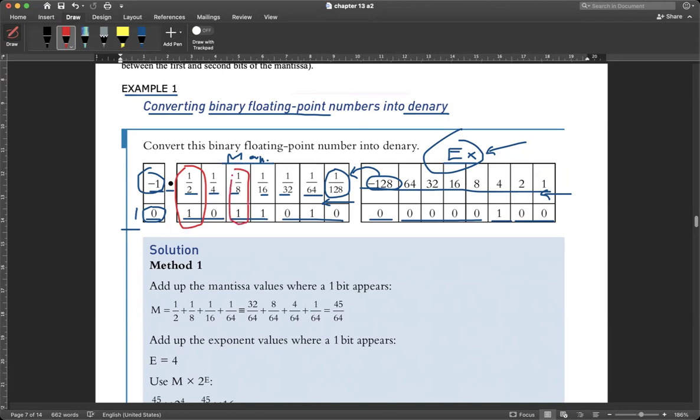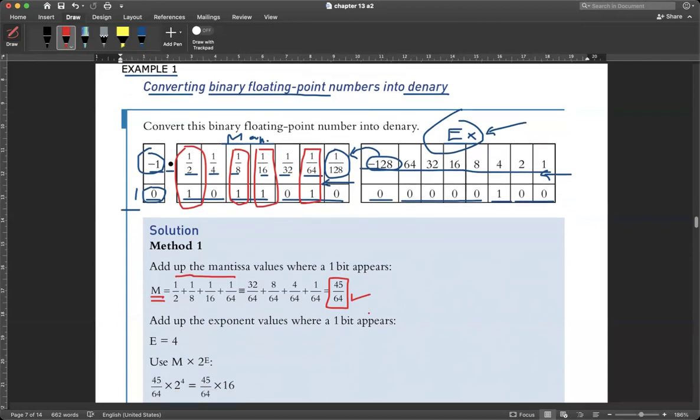So for mantissa, first you pick 1 over 2, then 1 over 8, then 1 over 16, and then 1 over 64. After adding all these values, you will get the answer. So the answer is 45 over 64. You need to find the LCM, then do the calculations. In the early stages, you already know how to solve this. So you got the answer, 45 over 64. Is that okay?